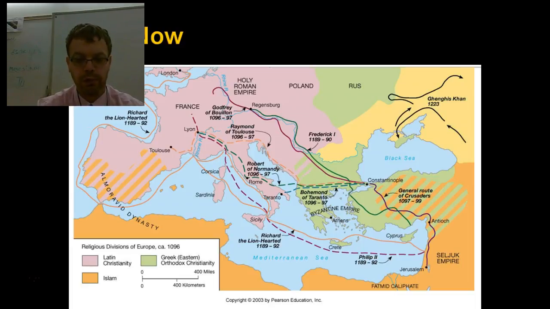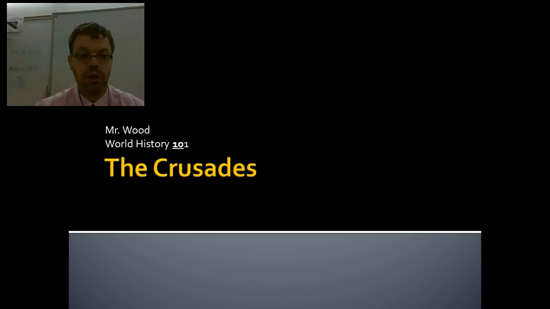Then where it says Constantinople and the general route of the Crusaders, whatever that means, we'll talk about in a little bit, we see a green and orange-tan color mix too, which shows how religions are broken up at this time. And there are these arrows where it says route of the Crusades, so we are going to be talking about the Crusades for this next chapter. That is our focus. Let's go to our next slide that says the Crusades.